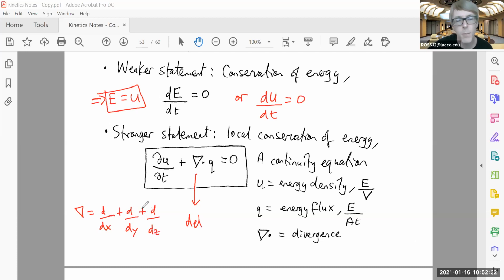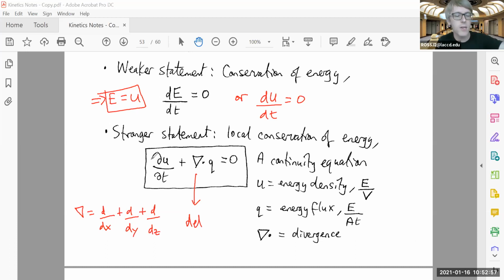So it looks at 3 dimensions, the change in the 3 coordinate axes, x, y, and z. So the divergence, or the spreading out, of an energy flux, which is an energy per unit area per unit time. If you think about this, the sum of these two terms is 0.